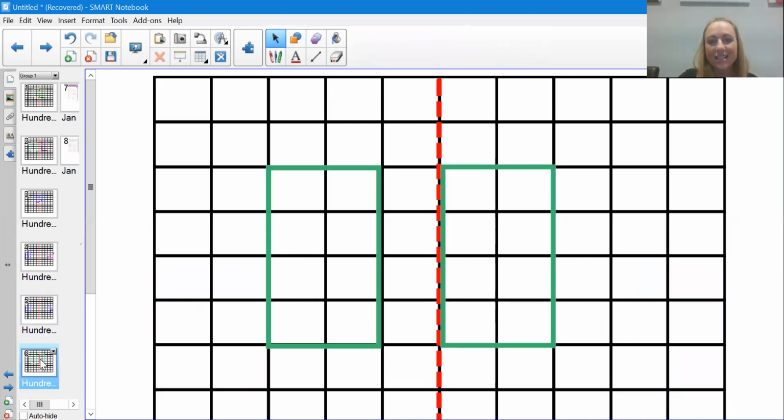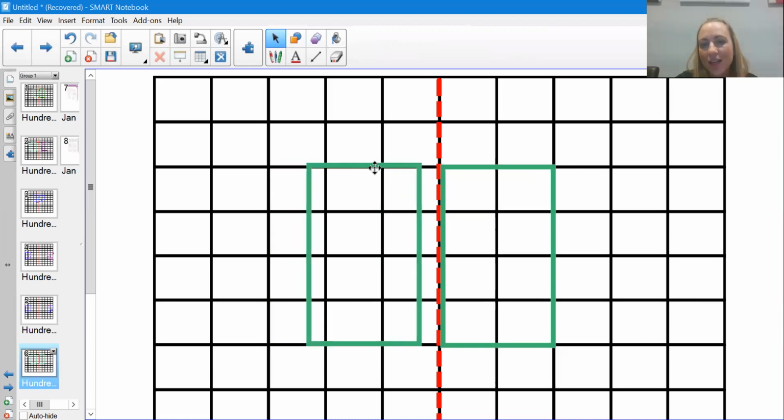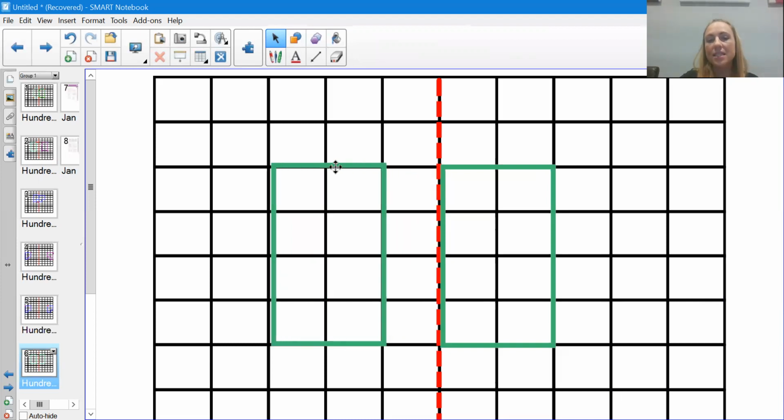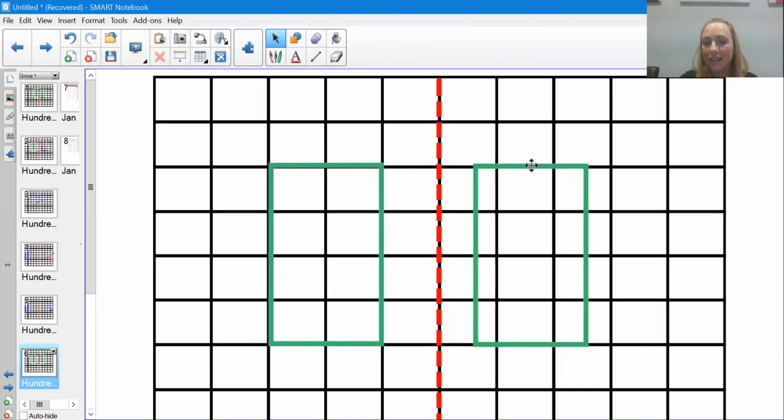Okay, let's have a look here. What mistake has been made? Pause the video and have a little look. Okay, so here, that needs to be the same distance from the mirror line. So there are 2 mistakes that could be made.